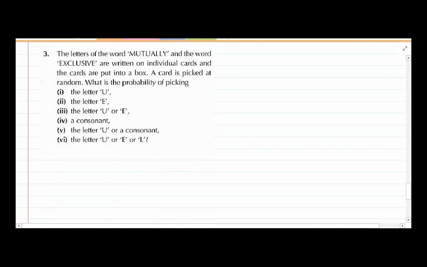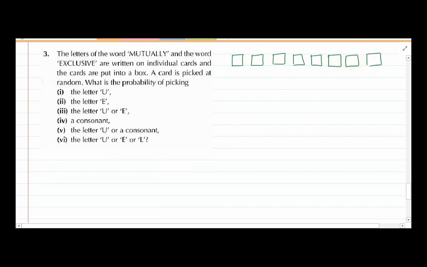The letters of the word mutually and the word exclusive are written on individual cards, and the cards are put into a box. What do you mean by that? It means that we make 8 cards, 1, 2, 3, 4, 5, 6, 7, 8.